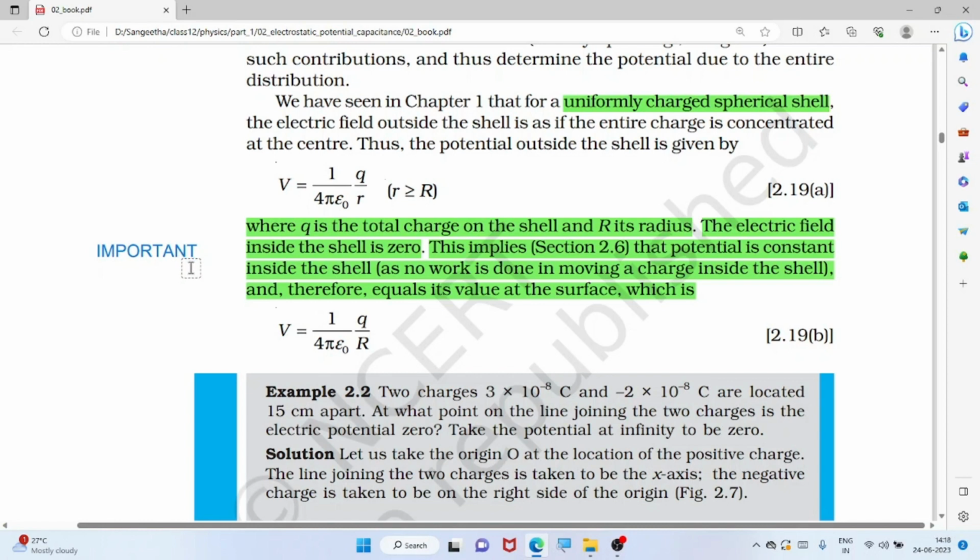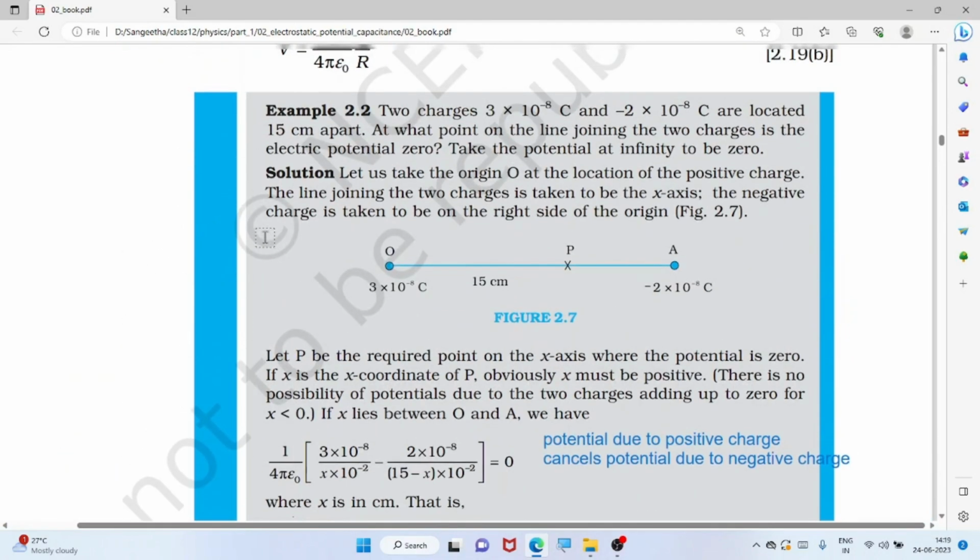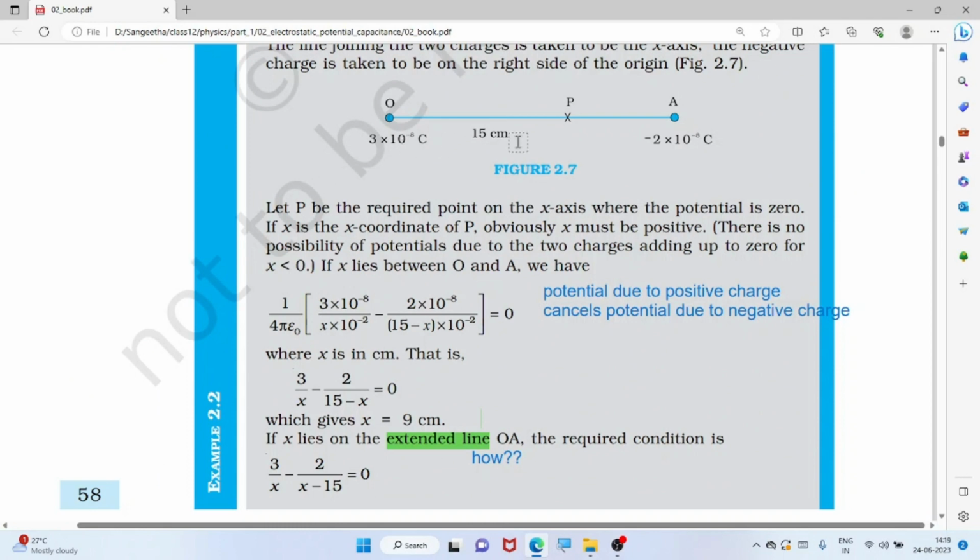The potential difference is 0, so there is no work done in moving a charge from one point to another within the shell. That is important. So here the potential due to this charge cancels the potential due to this charge at some point.